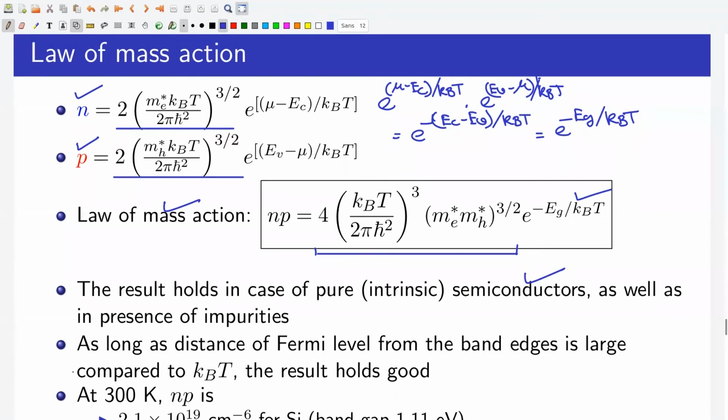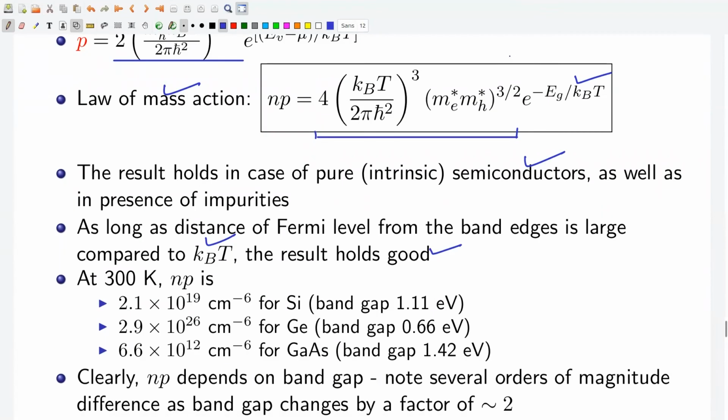As long as the distance of the Fermi level from the band edges is large compared to kBT, the result holds good. At 300 Kelvin, NP in silicon is of the order of 10 power 19 centimeter to the power minus 6.